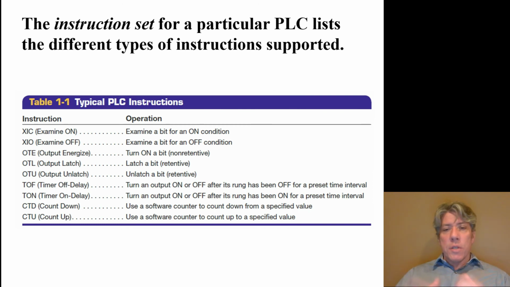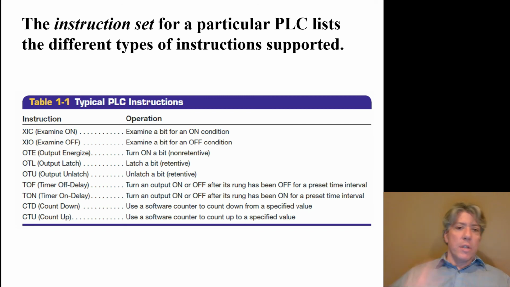The instruction set is all the commands that particular PLC supports. There's really a set of very common commands, and then each different PLC commonly will have a different set of commands beyond the regular. So there's the examine on, XIC, examine if closed.